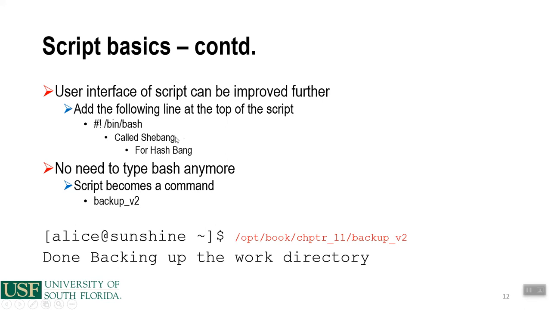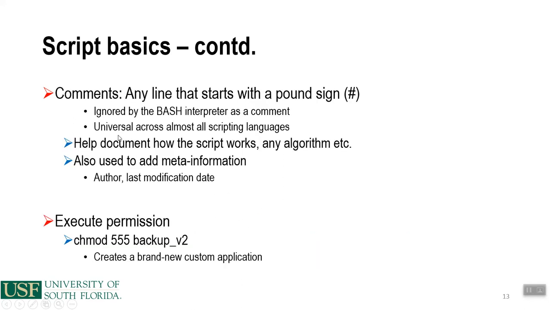That's called a shebang, or hashbang. So now you don't even have to type in the word bash anymore. The script becomes a command. So you run /opt/book/chapter11/backup_v2, and now it tells you that you're backing up the work directory. You don't even have to type in bash. You just add this to the top of the script.